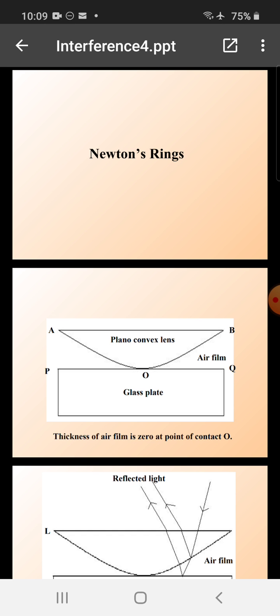Now at the point where the lens touches the glass plate, there is an air film in between the two. The interference fringes are obtained at the point of contact between the two. How it is obtained, that we are going to discuss here.